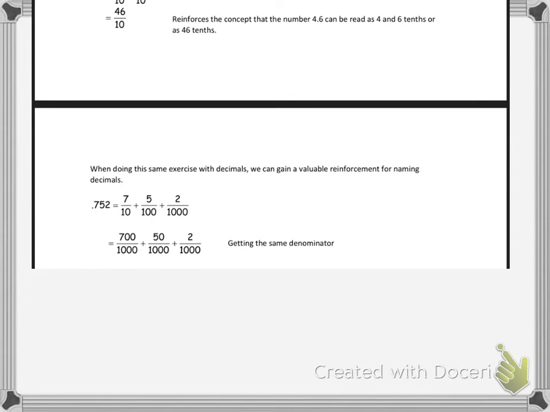So I think this exercise of working with decimals was very valuable on many fronts. For one, most people hesitate a little bit in naming decimals. So the convention is that you name it by the highest place that you observe, so that's going to be 752 thousandths for that reason.